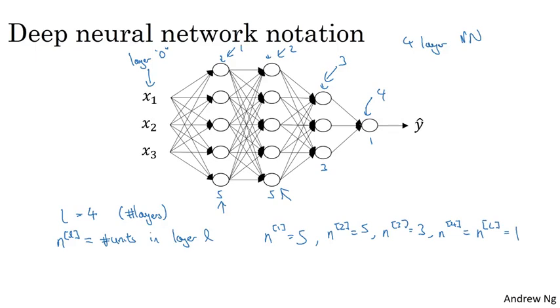And we're also going to have here that for the input layer, n[0] is just equal to nx, which is equal to 3. Okay, so that's the notation we'll use to describe the number of nodes we have in different layers. For each layer l, we're also going to use a[l] to denote the activations in layer l.